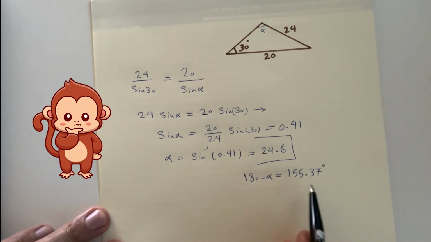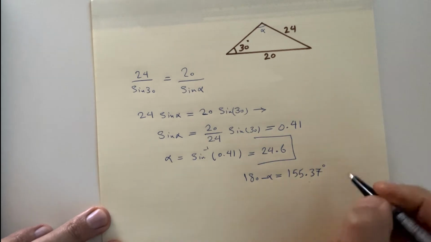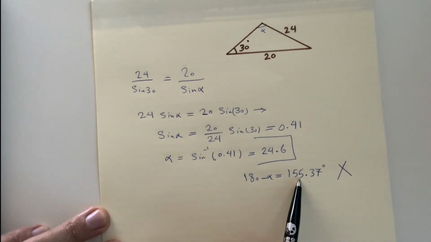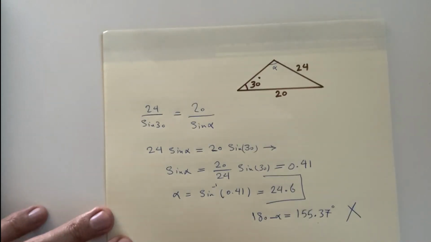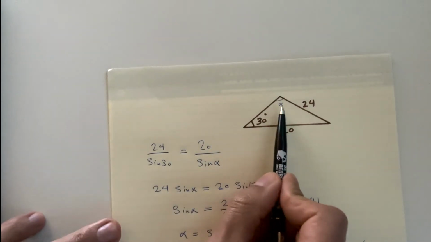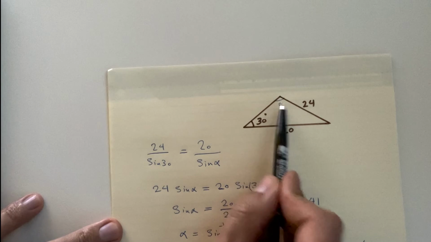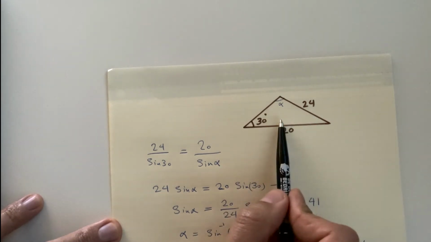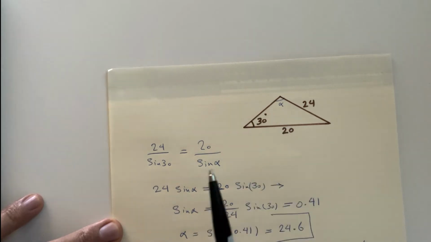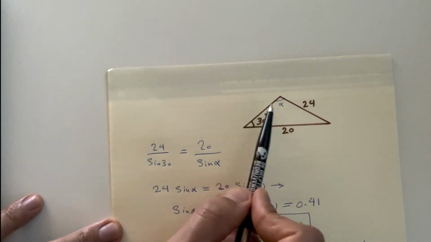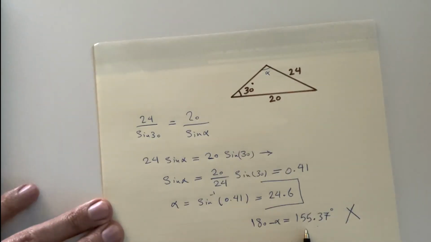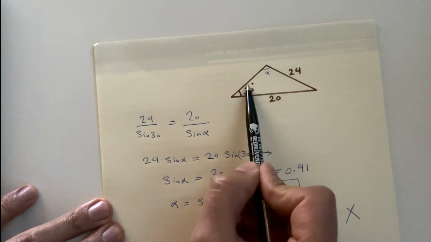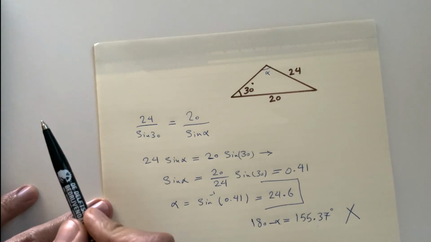The answer is no. Why no? Because if I assume alpha as 155.37, then we know that the sum of all angles in a triangle should be equal to 180, and it cannot be larger than 180. So if alpha is 155, then the sum of these angles will be larger than 180.